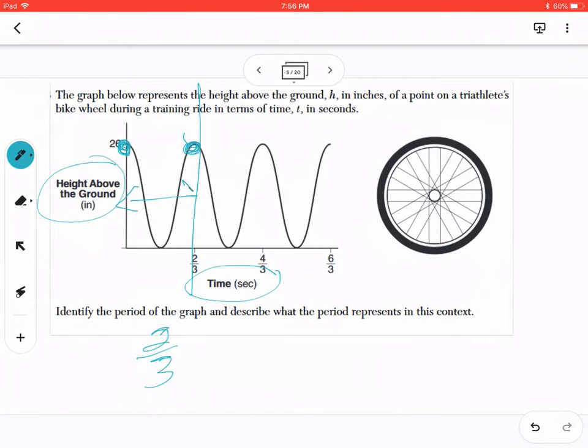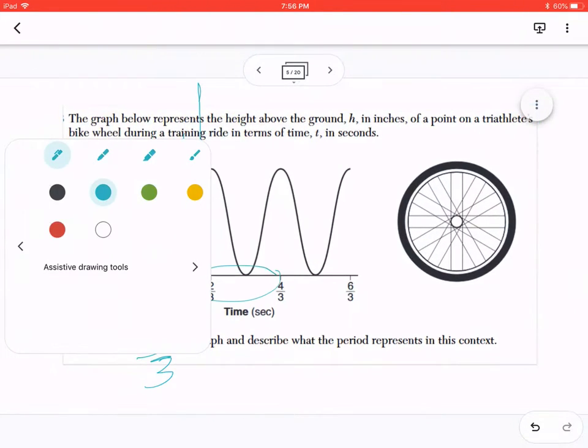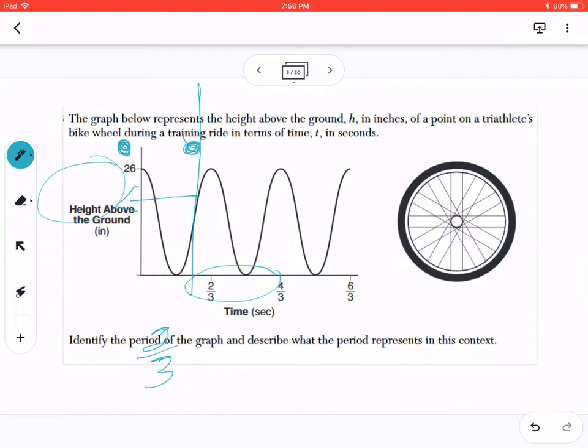If we start at x equals 0, it's going to take 2 pi, it's going to take 2/3 of a second to get back to that same position.